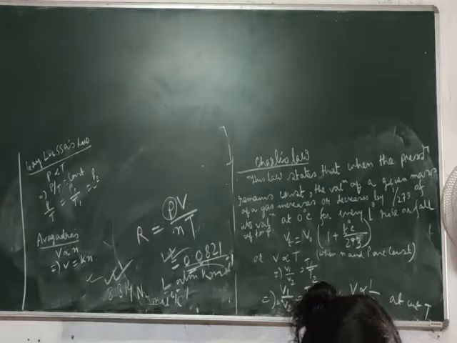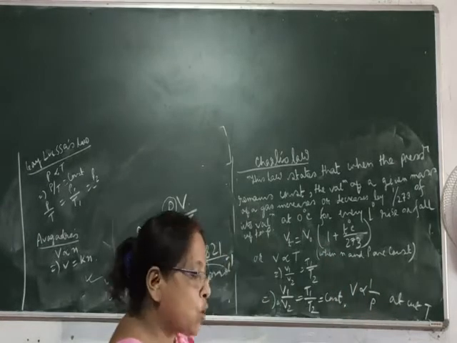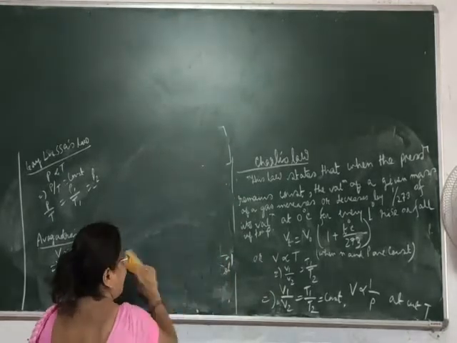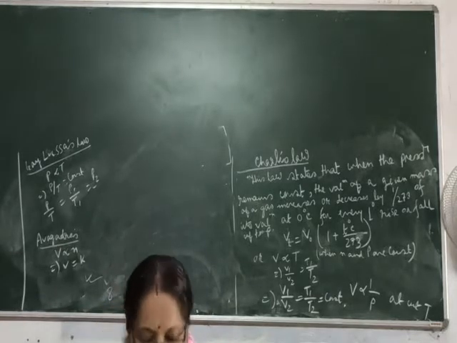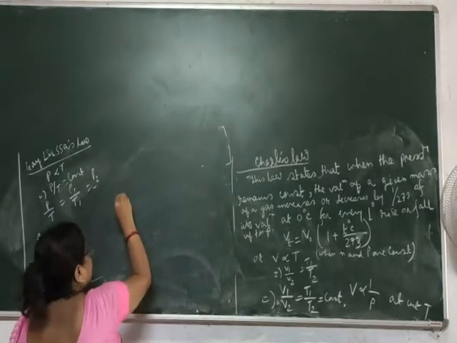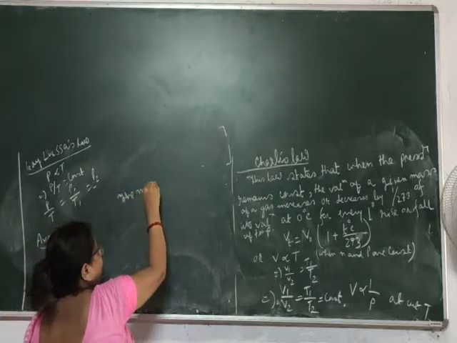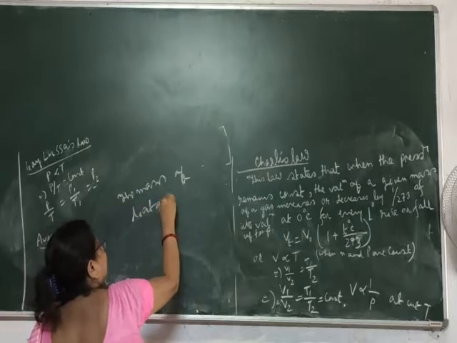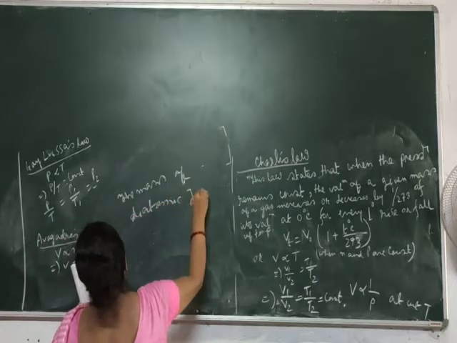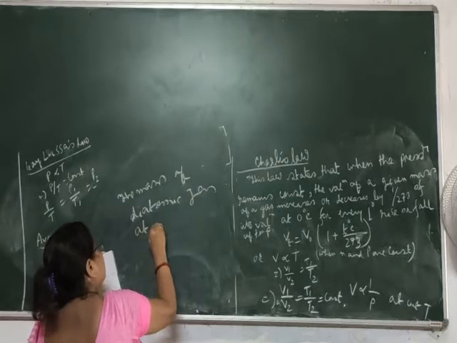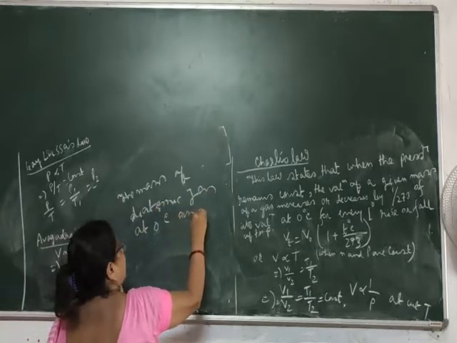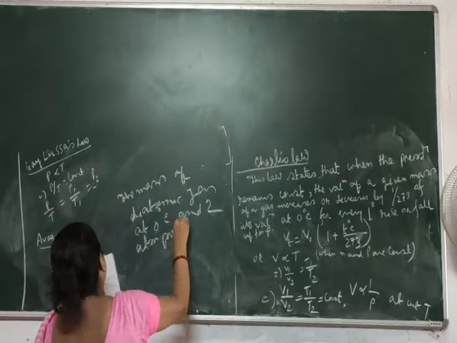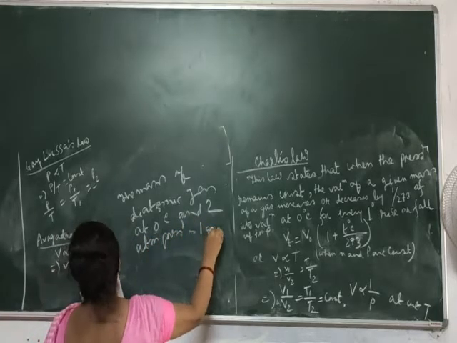Suppose the mass of a diatomic gas at 0 degrees centigrade and 2 atmosphere pressure is 1 gram.